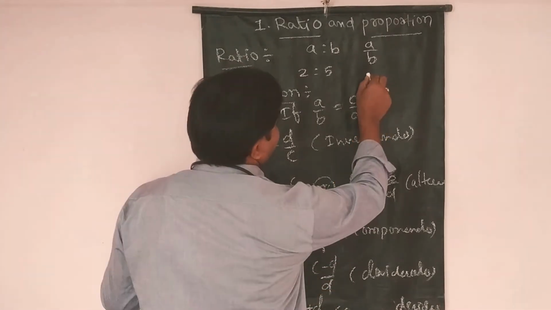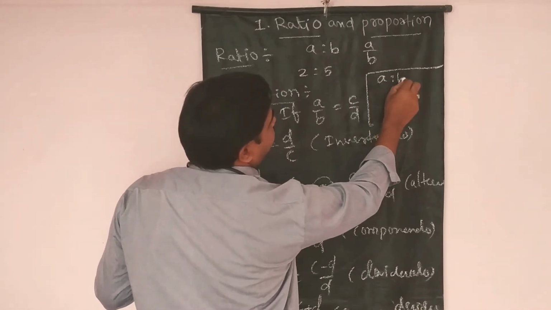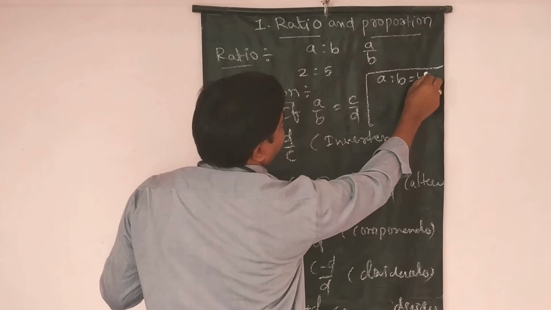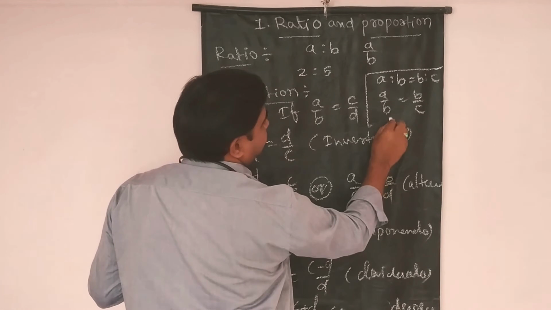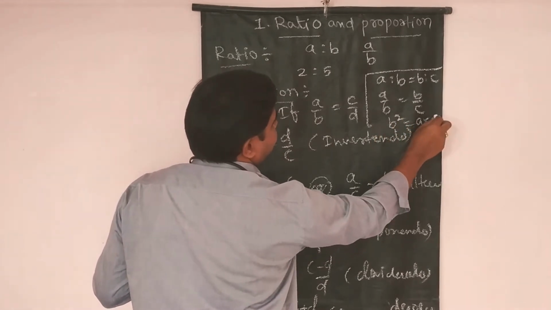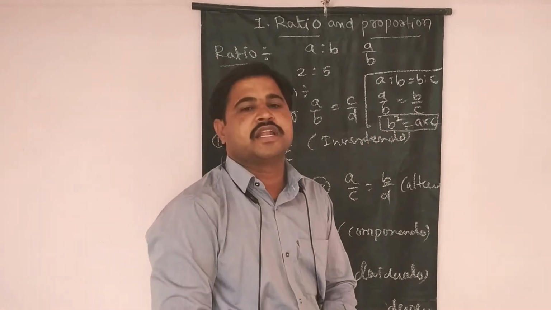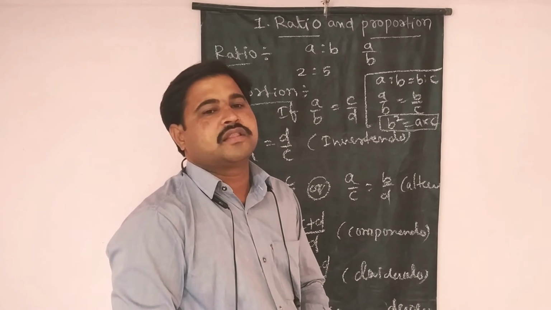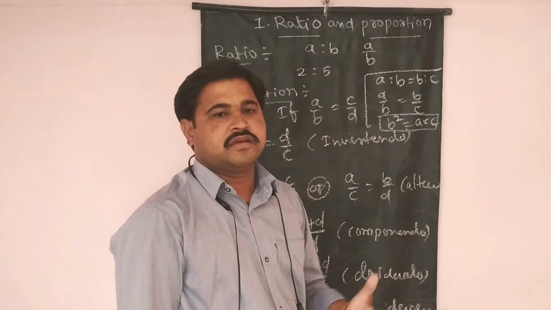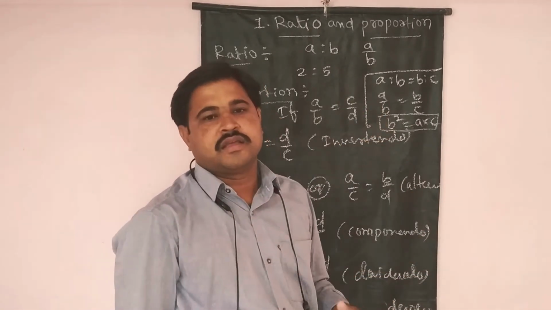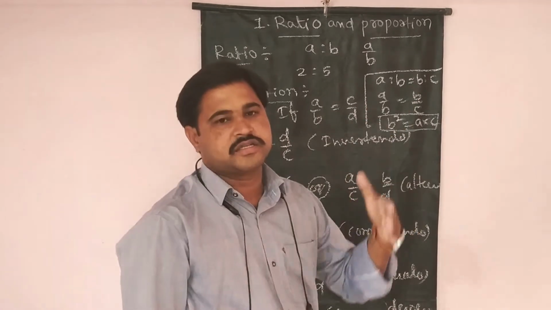A ratio B equal to B ratio C, that is A by B is equal to B by C, nothing but B square is equal to A into C. The comparison of three quantities is called a continuous proportion.